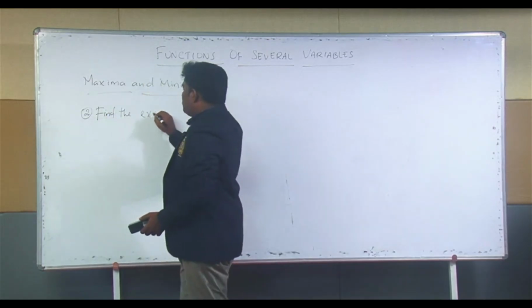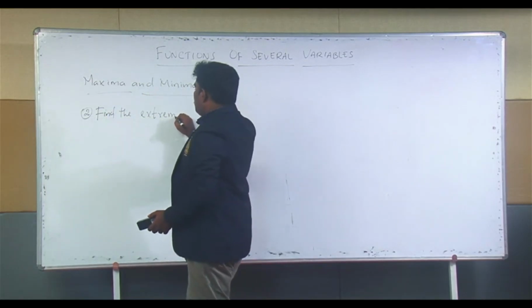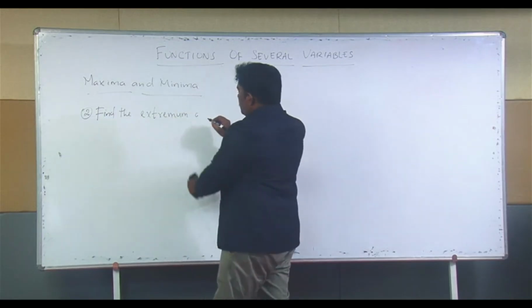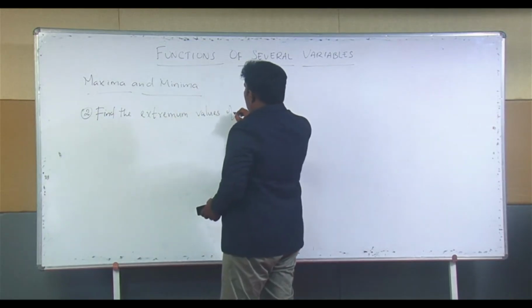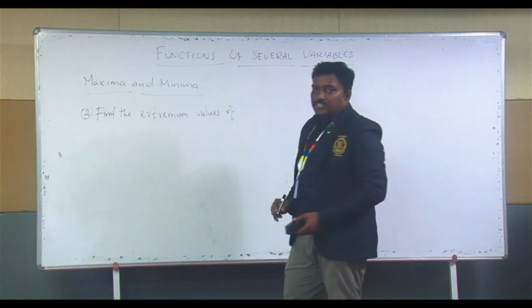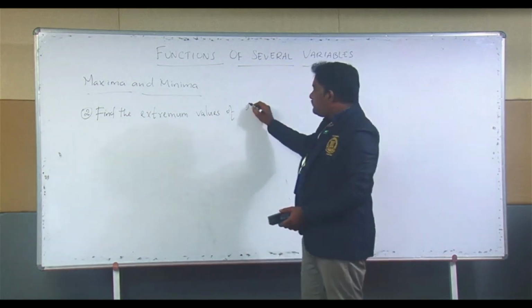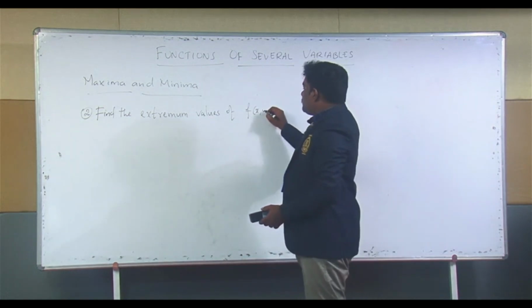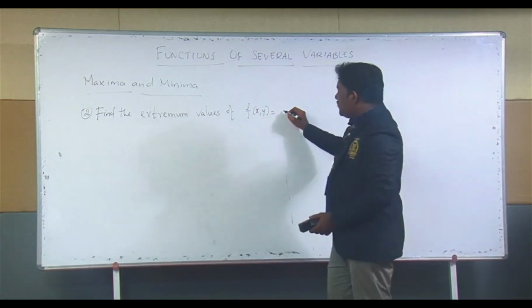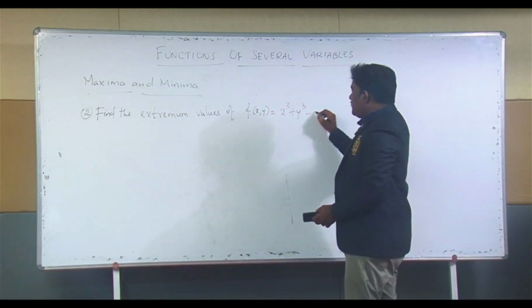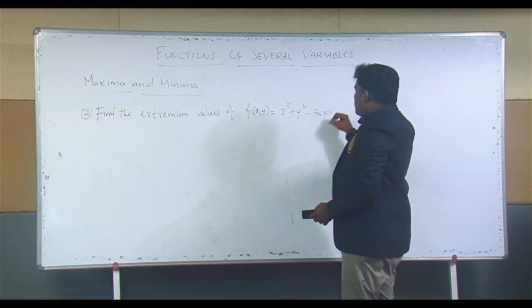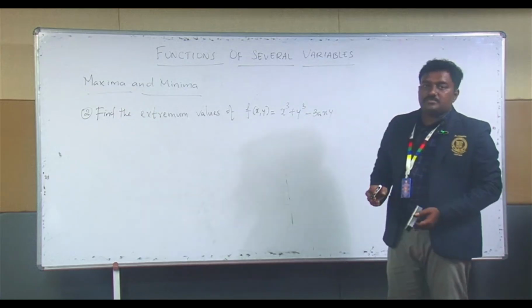Find the extremum values of f of x comma y equal to x power 3 plus y power 3 minus 3axy, right.